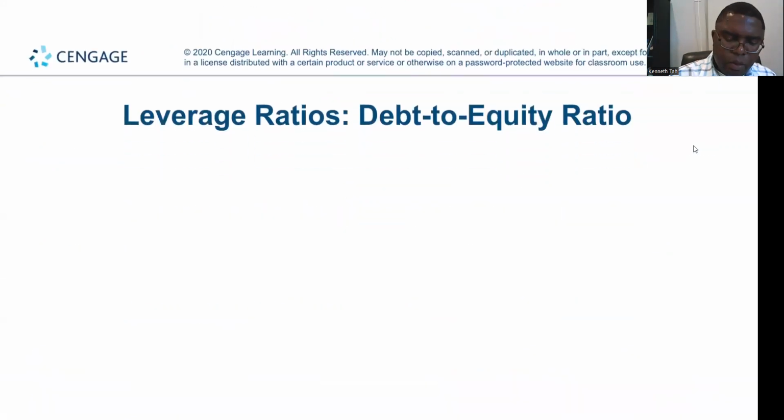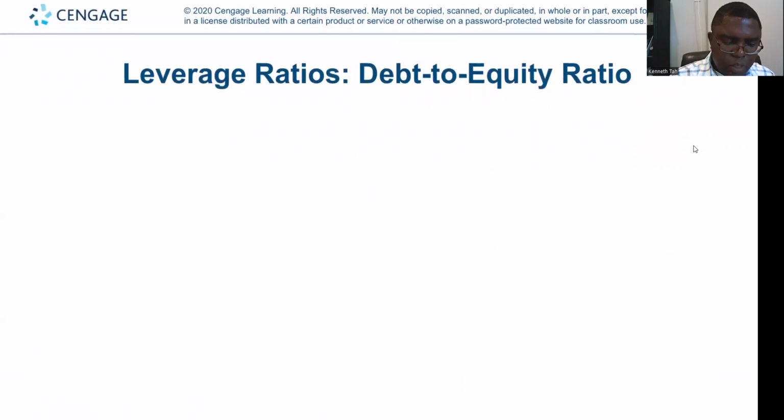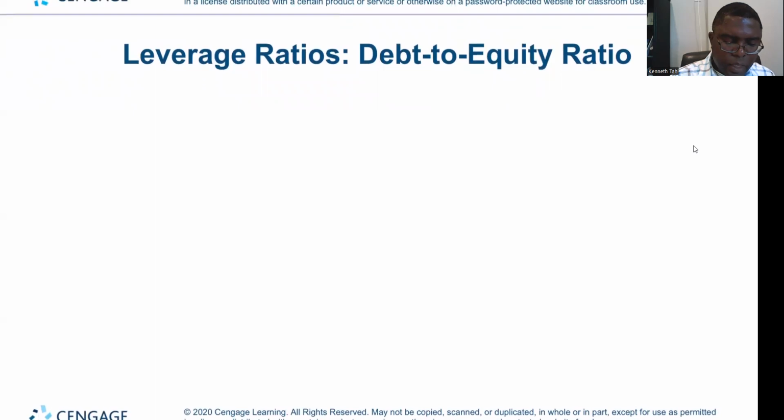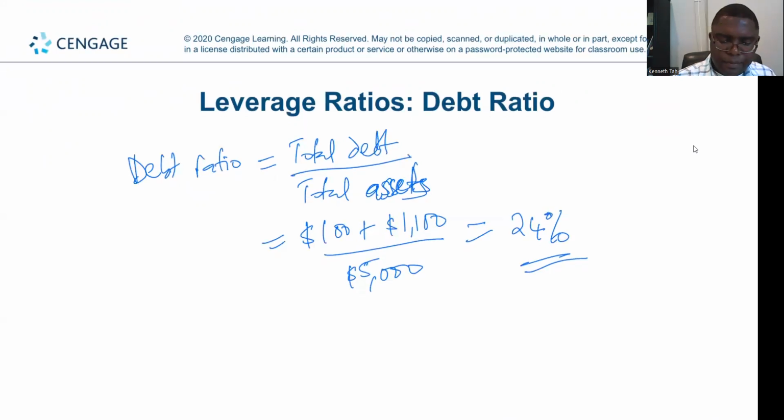All right, we can also calculate what we call the debt equity, or the debt to equity ratio, which gives us the percentage of the firm that is financed with debt. So the first one, which was the debt ratio, has total asset below. So it tells us the percentage of the firm's asset that is financed with debt.